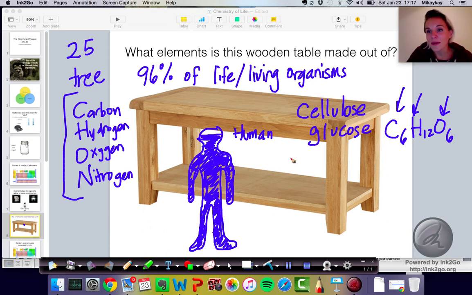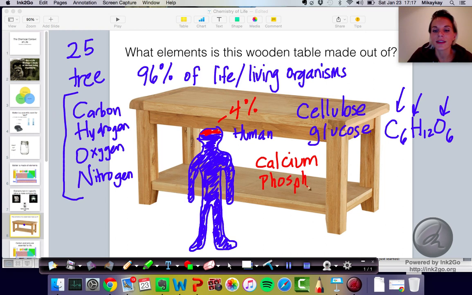And it turns out that the other 4% is made up of, this is the 4% that I'm talking about, 4% is made out of another 7 elements, right? So it's not a huge number of elements. Those elements are calcium, phosphorus. Let's see if I can remember them all.